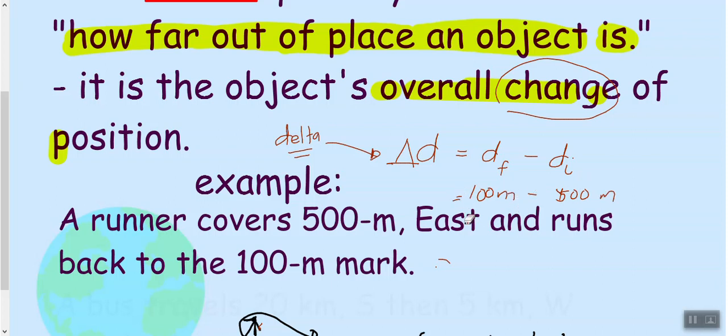And knowing that it is now in the negative direction, we are going to write negative 400 meters. Let's say we know it's going west, so we could say 400 meters west. So we can get rid of the negative if we know where it's going, but we're going to get used to writing the negative and positive to refer to if it's moving towards us or moving away from us. So that's one example mathematically of displacement.